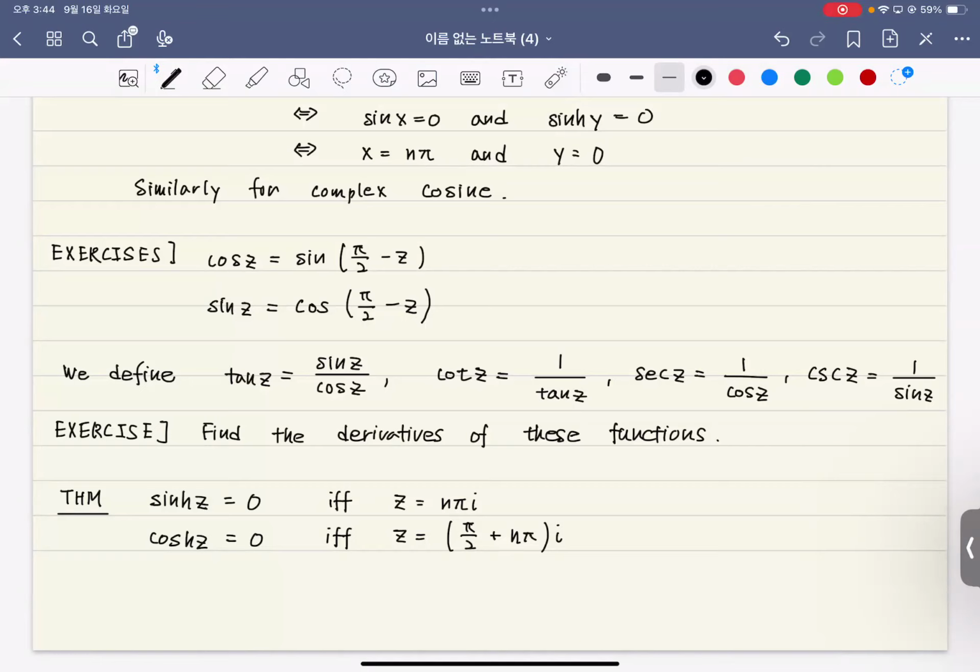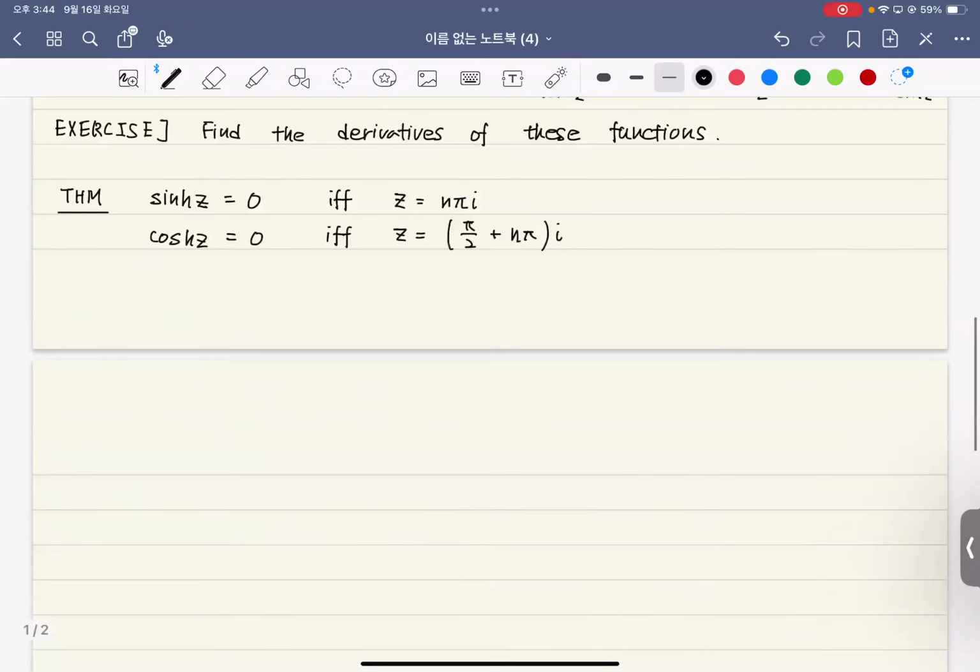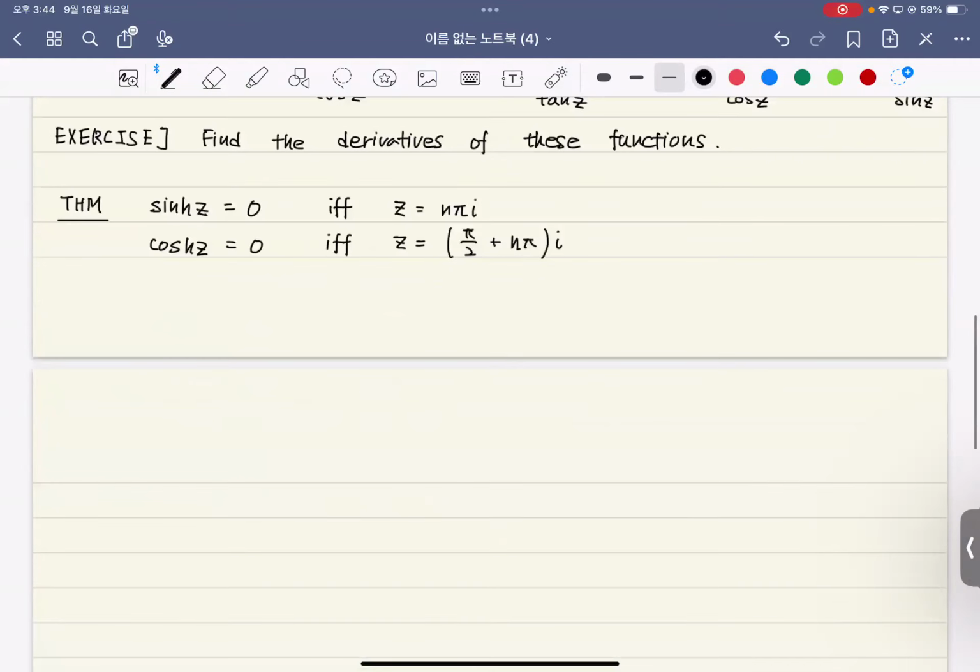This is a very interesting property, but the proof behind it is very simple, because this is my complex hyperbolic sine function, which, if you remember my previous lecture, was defined to be one half of e to the z minus e to the minus z, right? This is the definition.